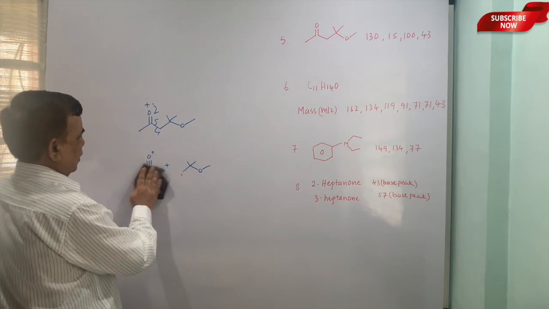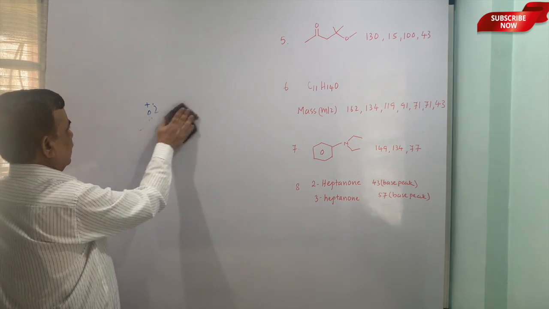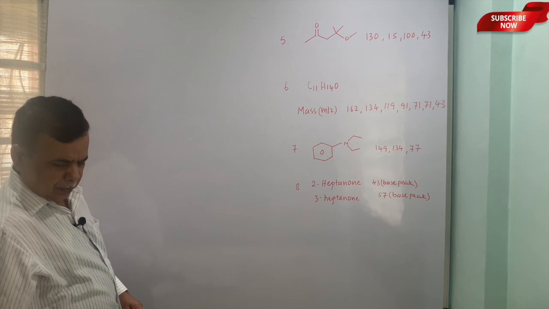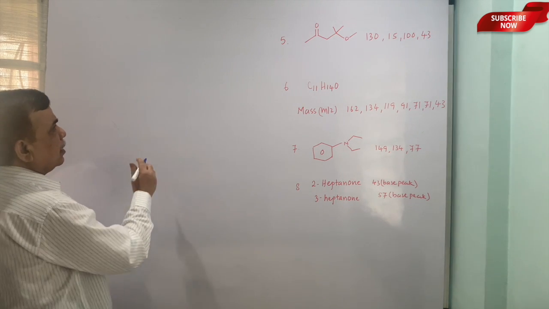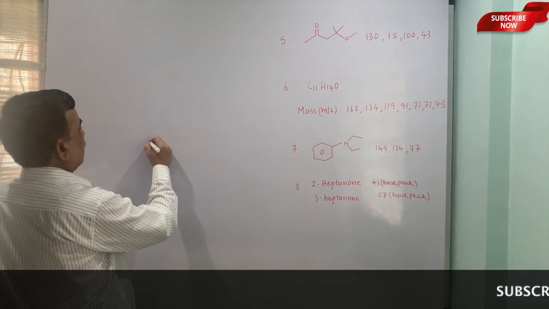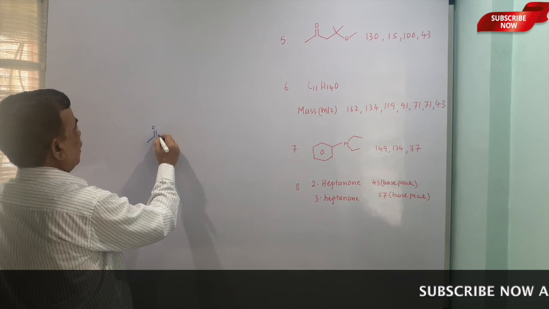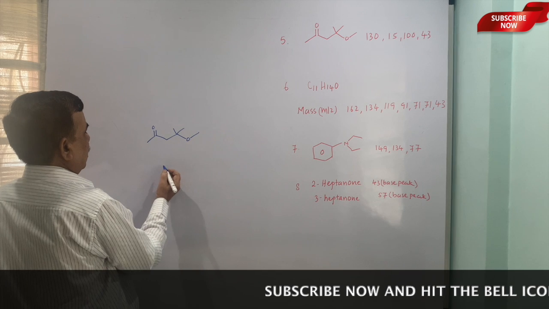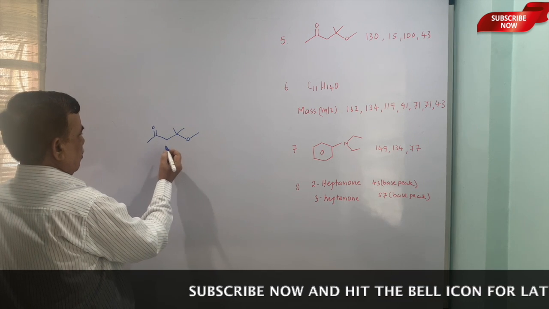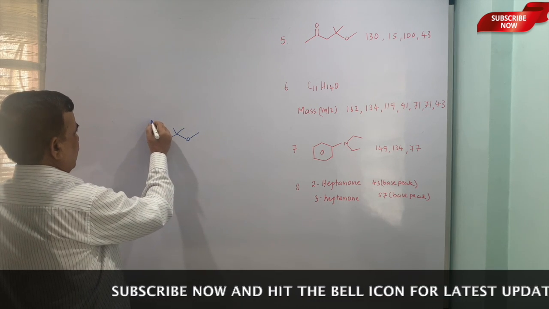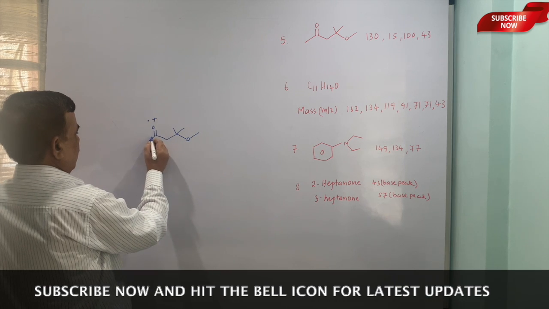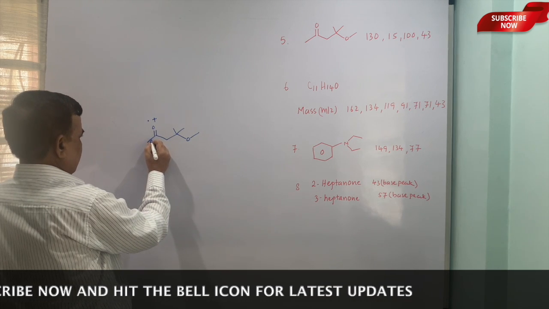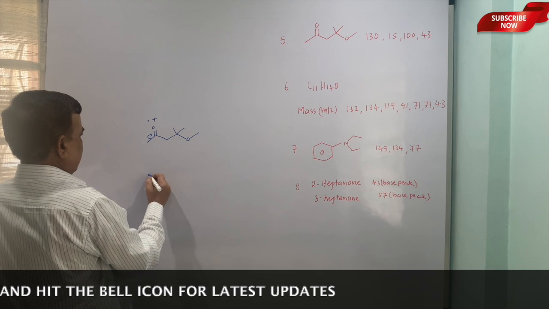Then the second peak: heterolytic cleavage, that means both electrons are moving here.